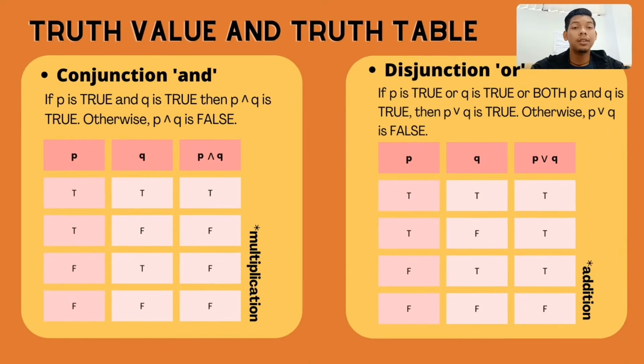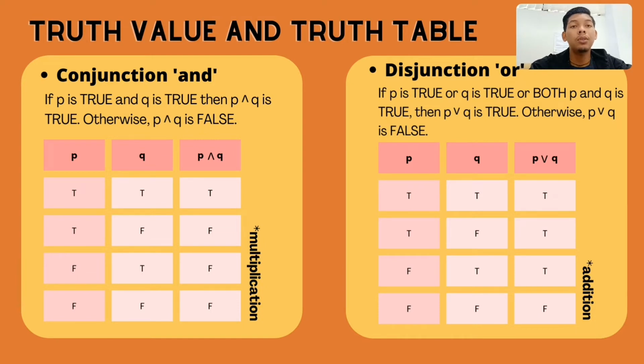The second one is conjunction, or we call it and. If P is true and Q is true, then P and Q is true. Otherwise, P and Q is false. As you can look at the truth table here, there is only one situation that makes the statement P and Q true, which is if P is true and Q is true.